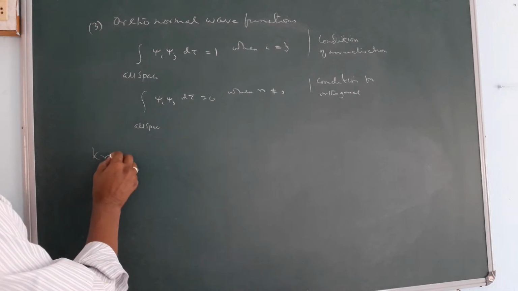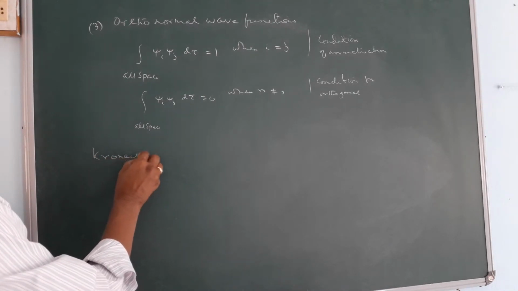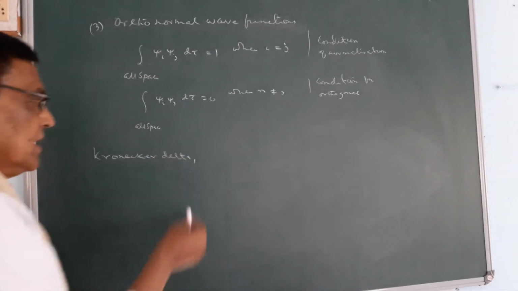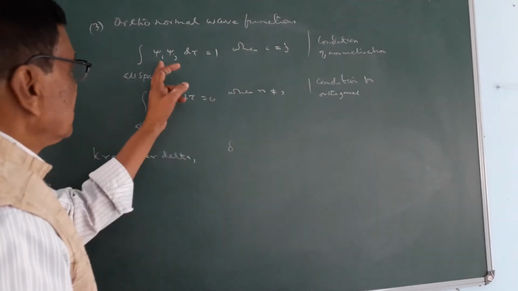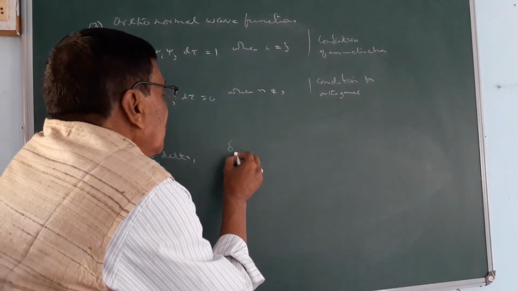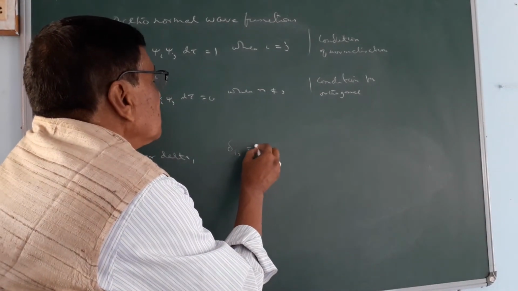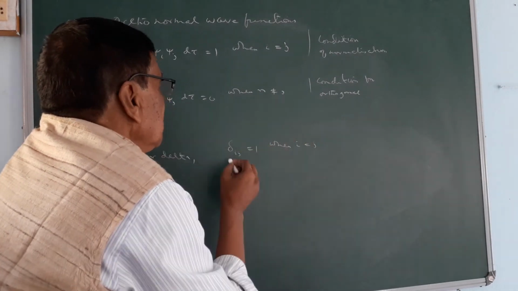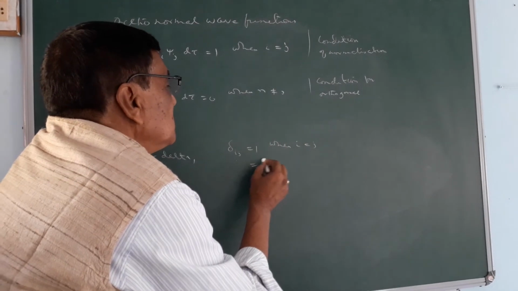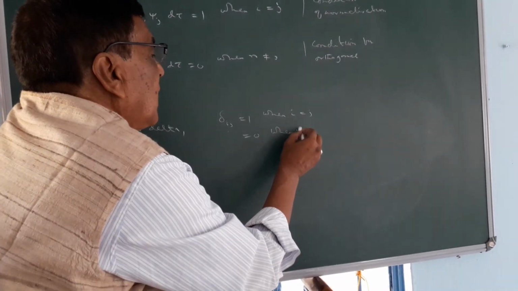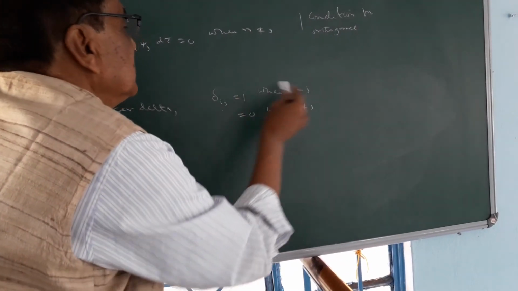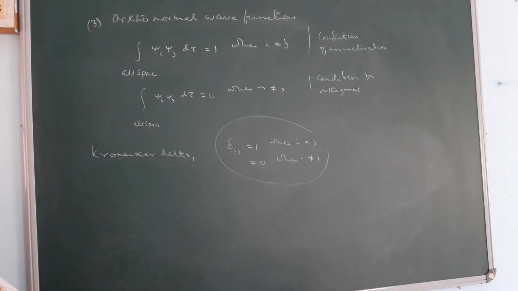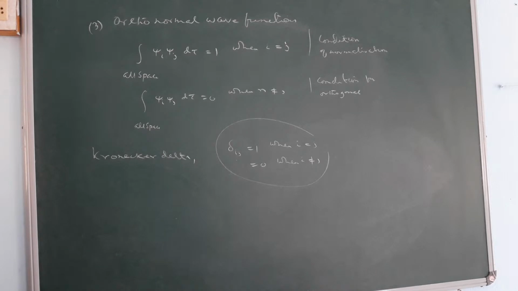The Kronecker delta ij is defined as equal to 1 when i equals j and equal to 0 when i is not equal to j. These two conditions hold for the functions to be orthonormal wave functions.